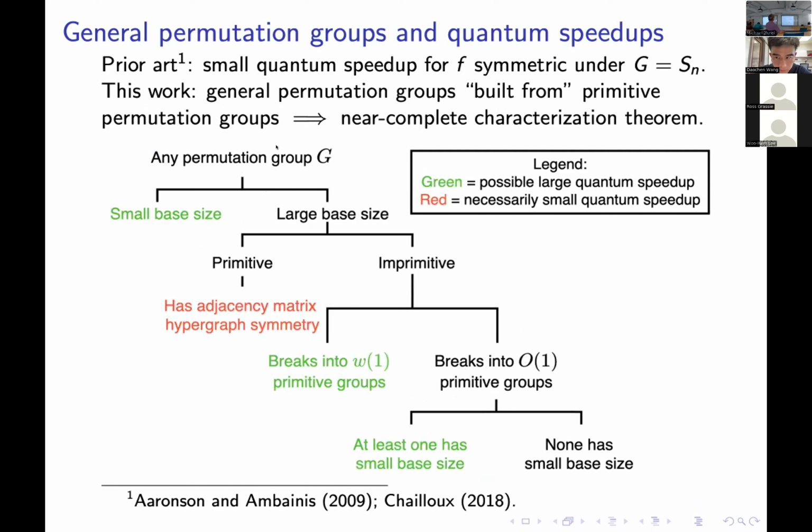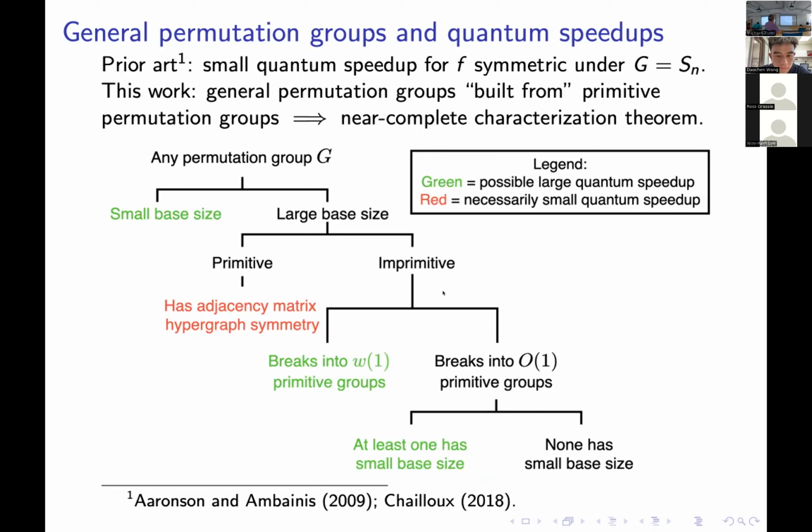If you are primitive, then you say has an adjacency matrix hypergraph symmetry, and that's not a good thing. And then at the right bottom corner of your decision tree, there you were imprimitive, and then you broke it into the primitive parts, and now none has a small base size, and you said that was the open case.